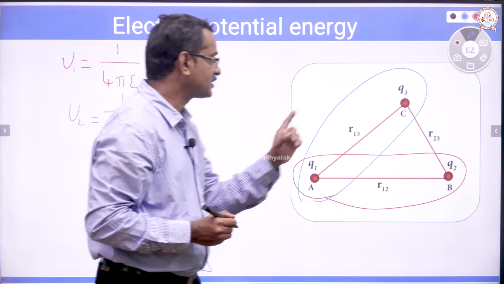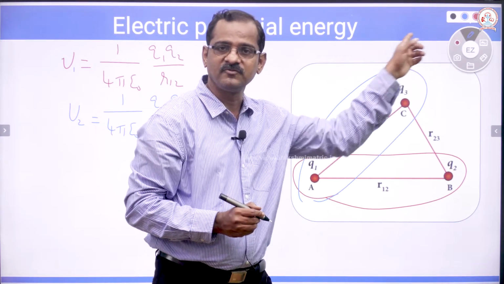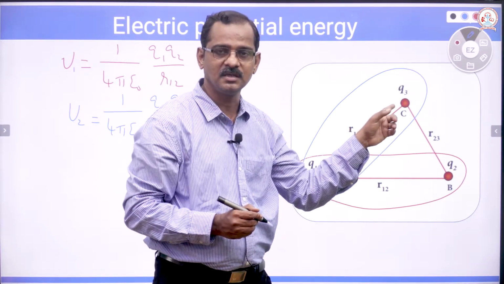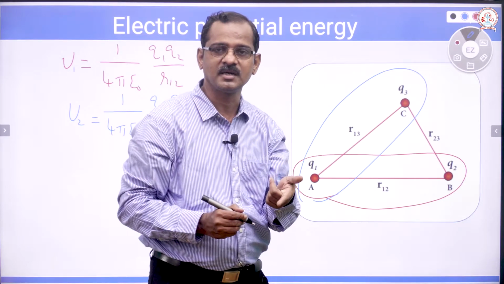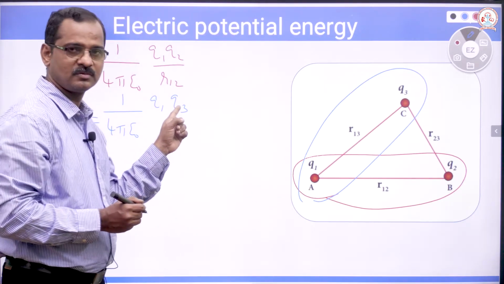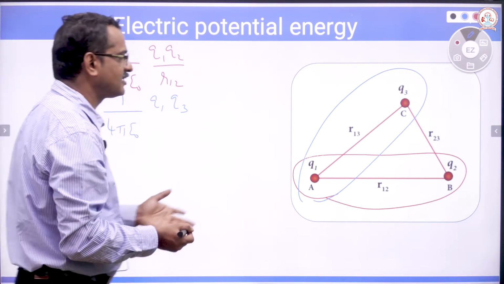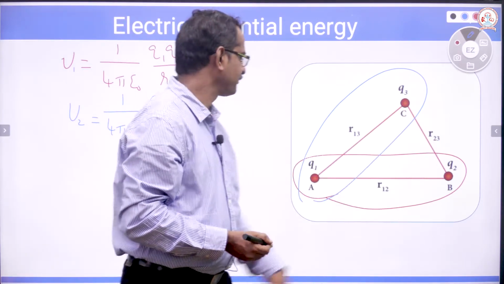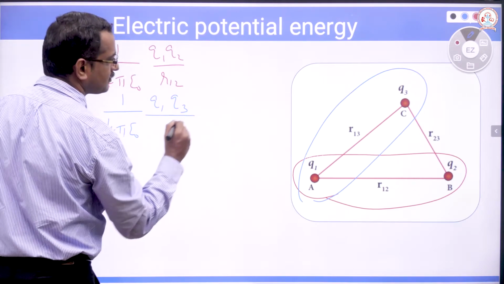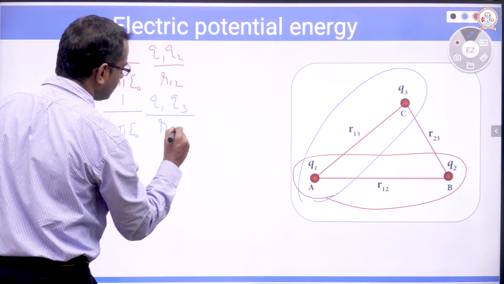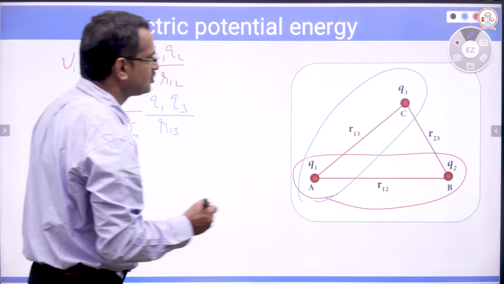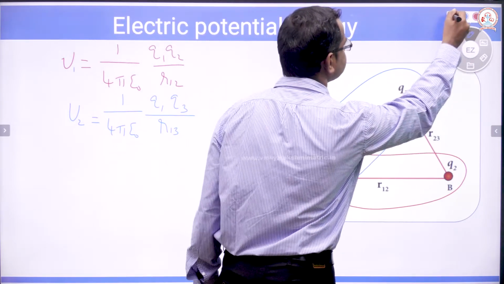In case the second charge which is moved from infinity to the point C is a unit positive charge, then this will become 1. But it is not specified whether it is a unit charge or not. Now imagine only Q2 and Q3.